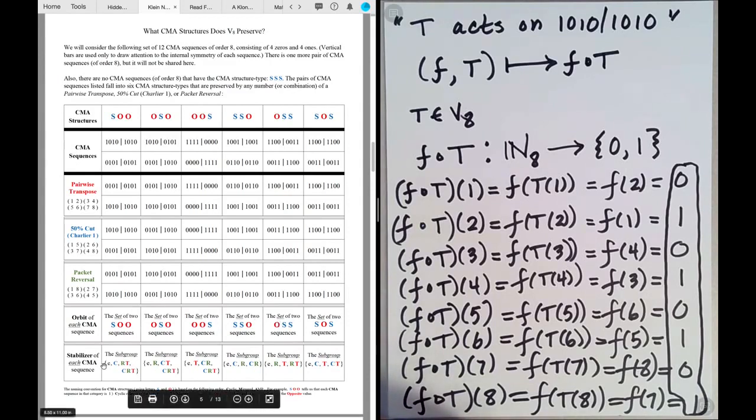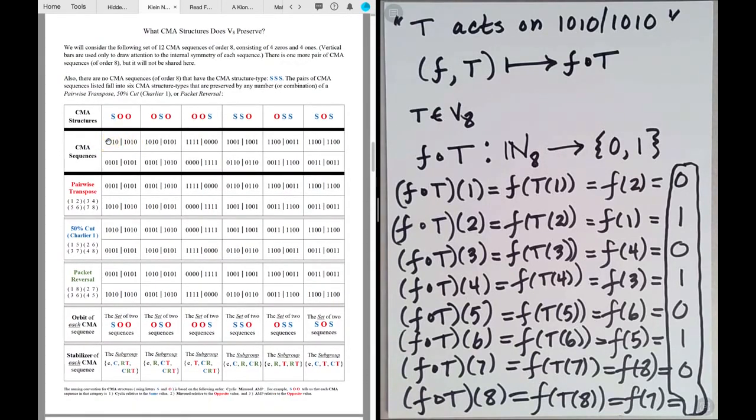Okay, and a similar thing can be shown for the orbits for the others over here. The stabilizer is different, of course. The stabilizer is a subgroup of our group that holds that individual CMA sequence fixed. We can probably spot those just from the chart here. Okay, so focus on the top. Focus on this CMA sequence that we've been looking at today.